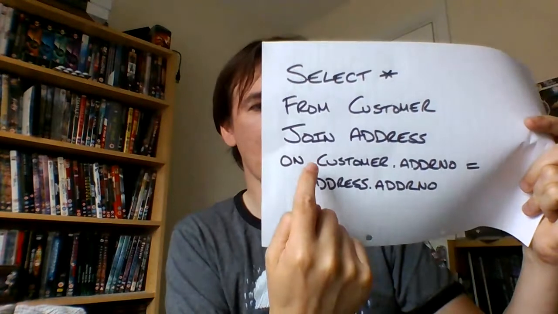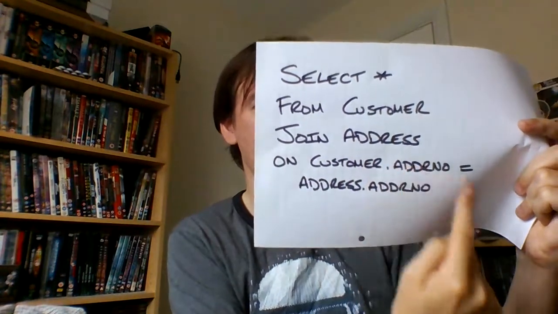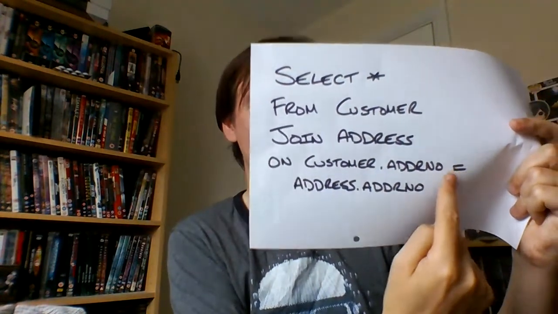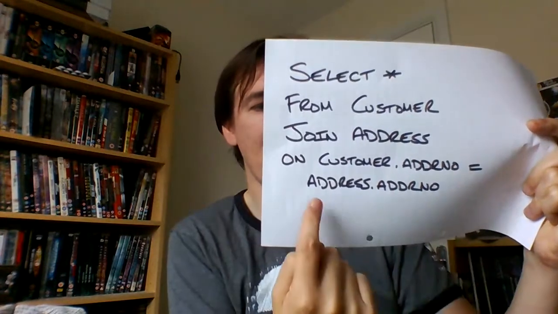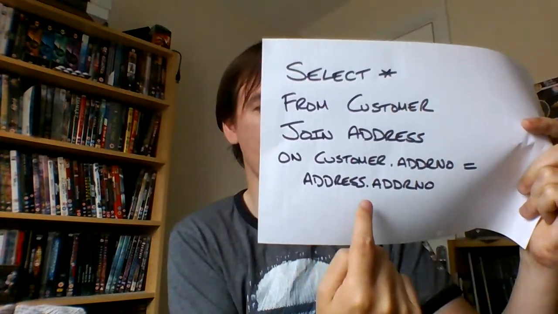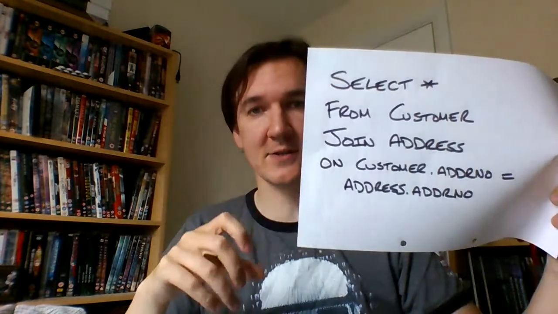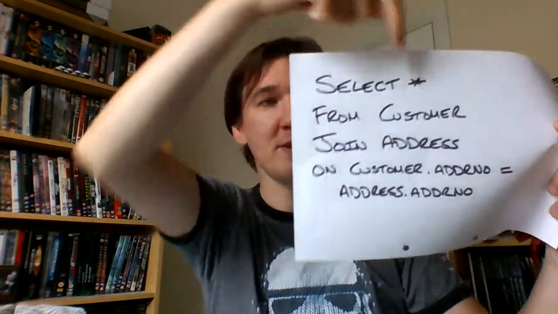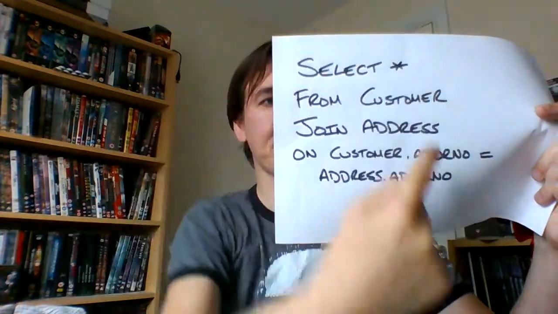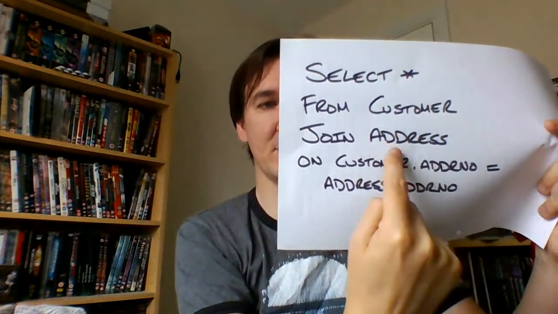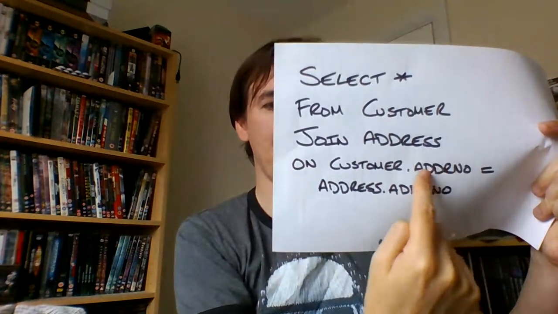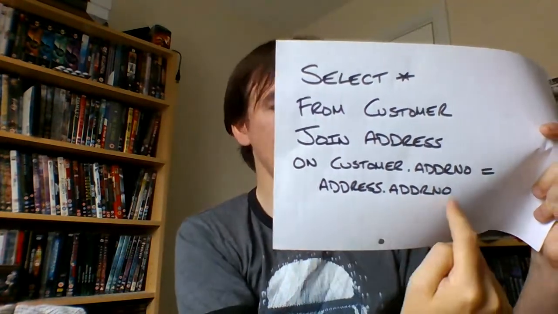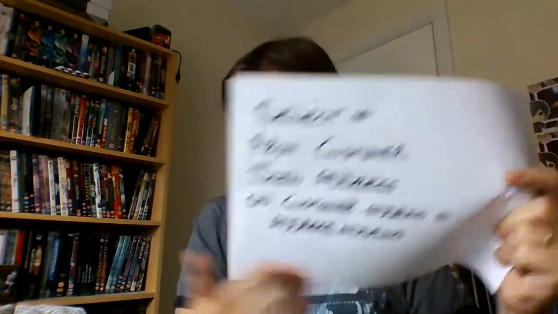So we want the customer table's address number to exactly match, a good old equals, address dot address number. So if we have this, we're saying select star, so show me the customer table and the address table where the customer address number is the same as the address table's address number.